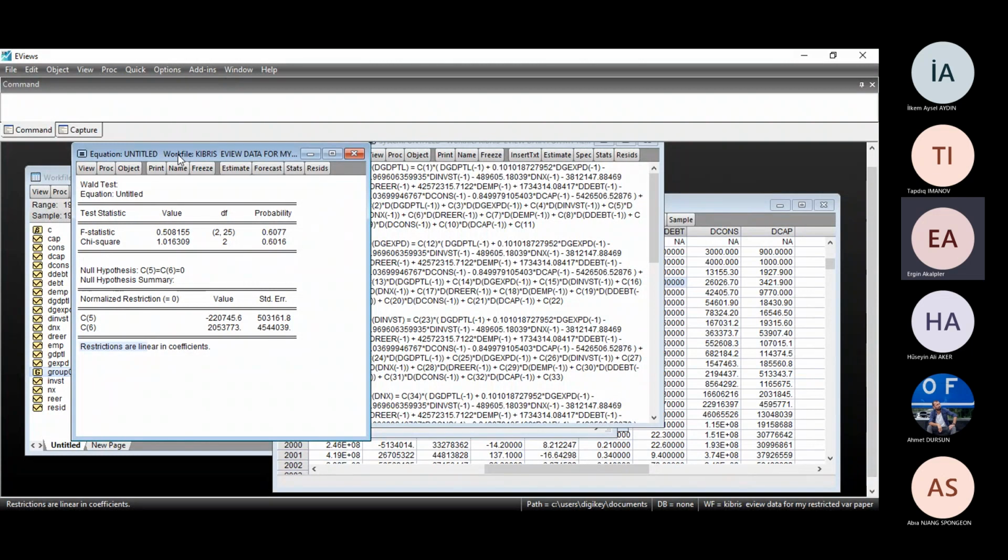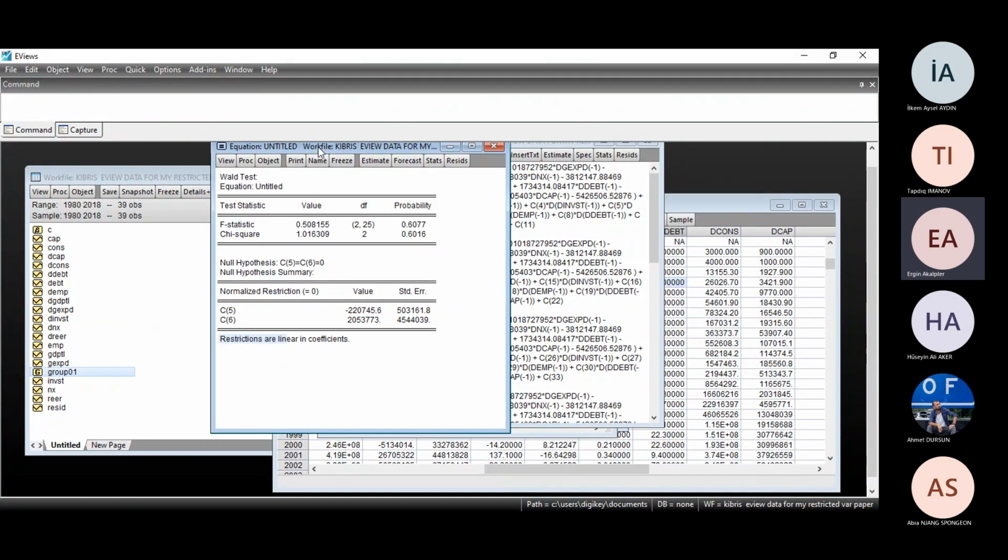If it is enough for you, then I will go to the variance decomposition and the impulse response to show you how we are going to estimate and finish this presentation for you. Is it okay? Or do you want me to go further to do the rest? Can I get your answer, please?